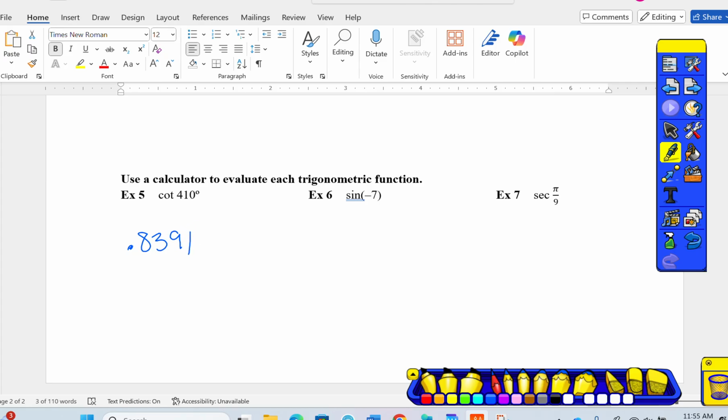Okay, now number 6 is in radians because I don't see a degree symbol. So we've got a sine of negative 7. And then again, it's going to spit back negative sine of 7 because it's saying, I can't simplify this any further. The answer is going to be a decimal. So negative 0.657.